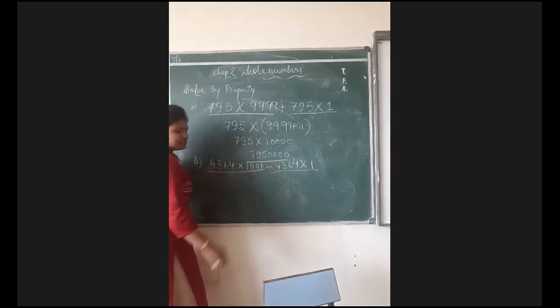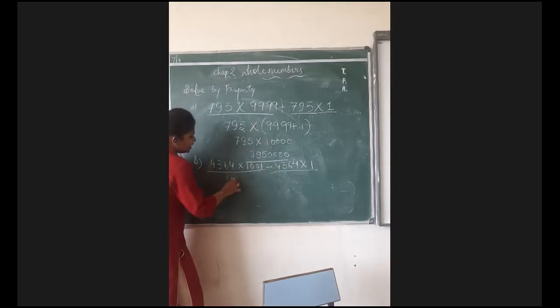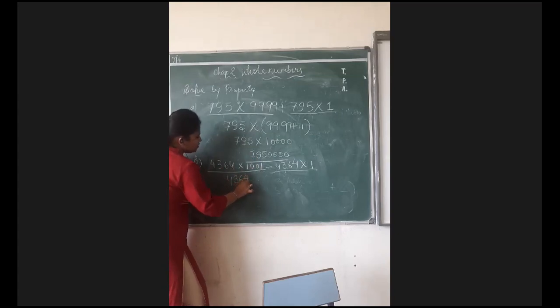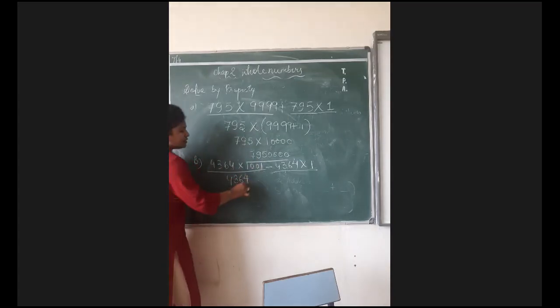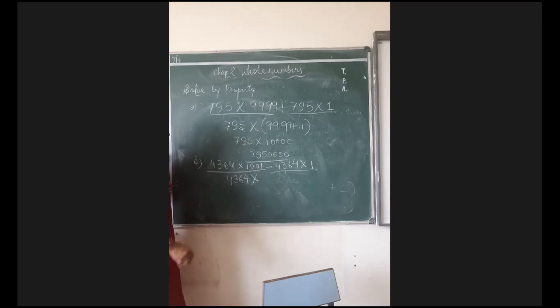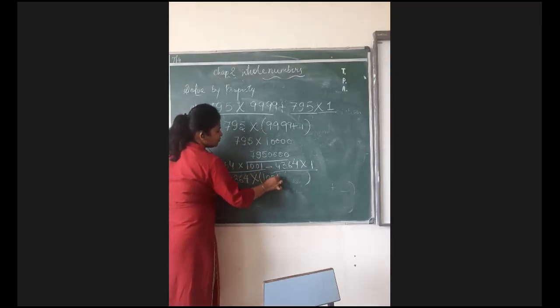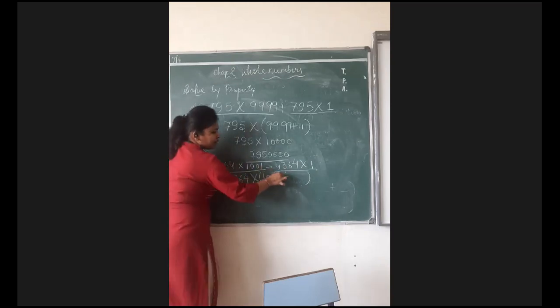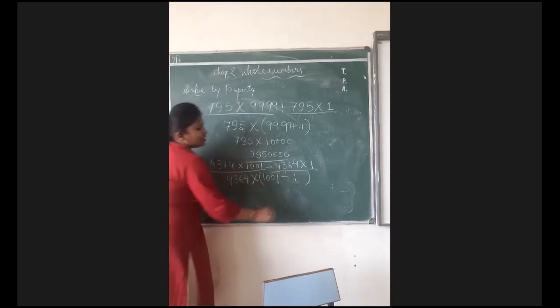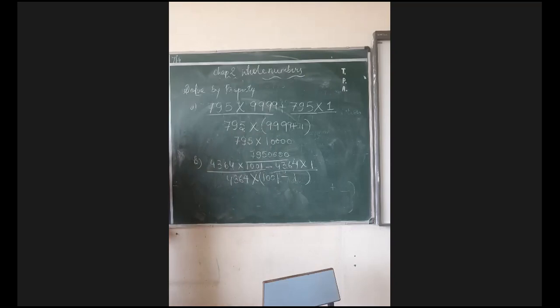So I have used this property. And now I am taking out common 4364, the sign of multiply, and what will be left over here? Here it will be 1001, the sign of minus, and then only 1 will be left after taking out common.